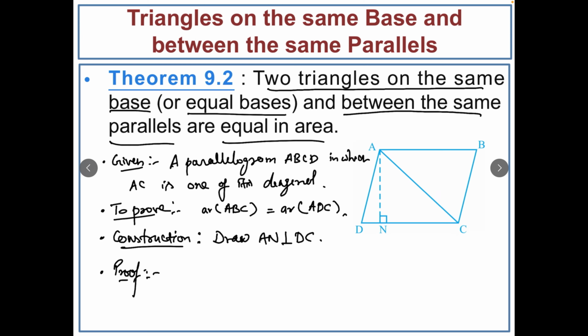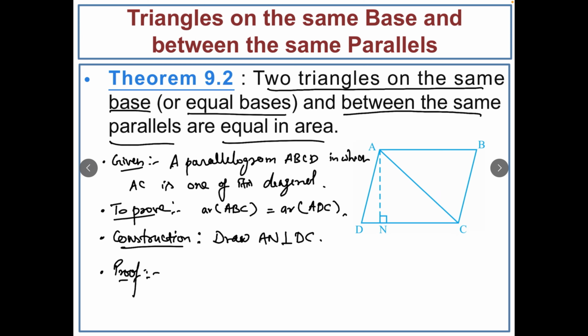So we'll write: since AC is a diagonal of parallelogram ABCD, therefore triangle ABC will be congruent to triangle ADC, as a diagonal of a parallelogram divides it into two congruent triangles. And we already know that if two figures are congruent, then their areas will be equal.